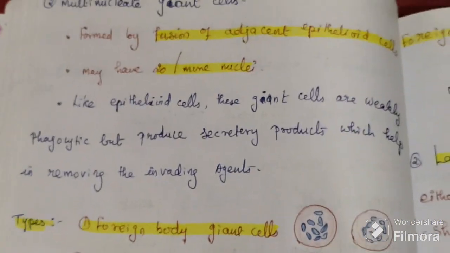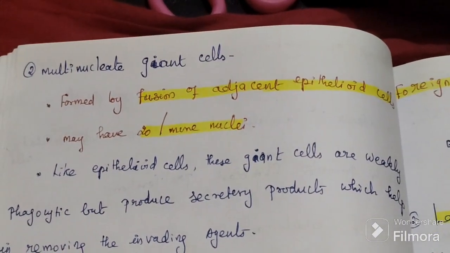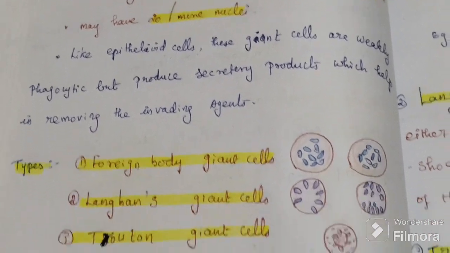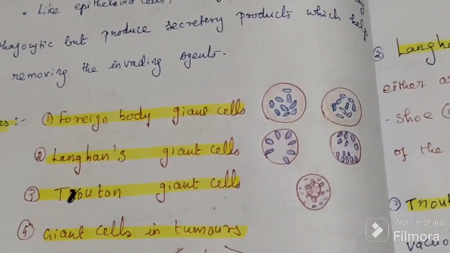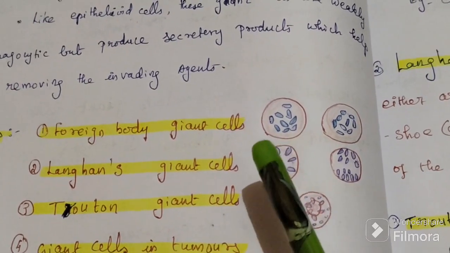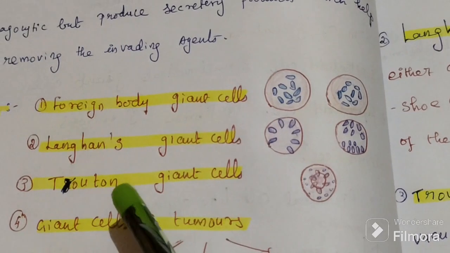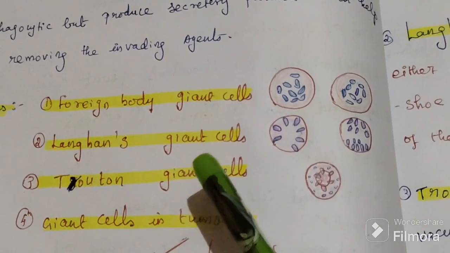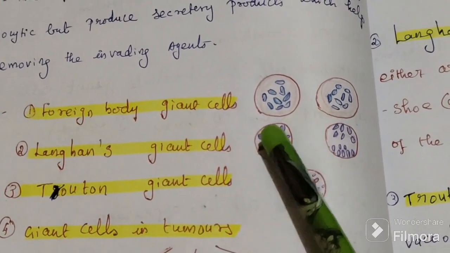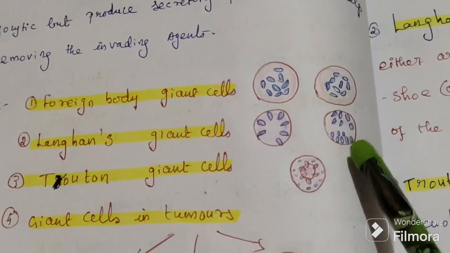Epithelioid cells fuse to form giant cells, of which there are four types. Foreign body giant cell: the nuclei are scattered with no fixed arrangement. Second, Langhans giant cell: a two-third ring like a horseshoe, or north pole and south pole.